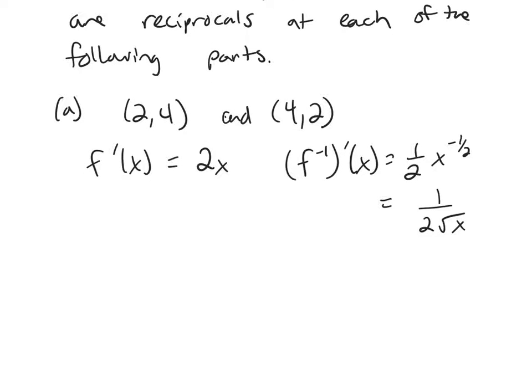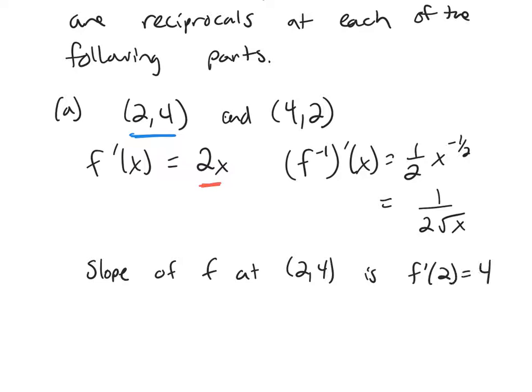So we're going to start with our first point, which is 2, 4, and the function we're looking at is f. So the slope of f at the point 2, 4 is, well, you're going to plug in x equals 2 into your derivative right here. It would be f prime of 2 would be 4.